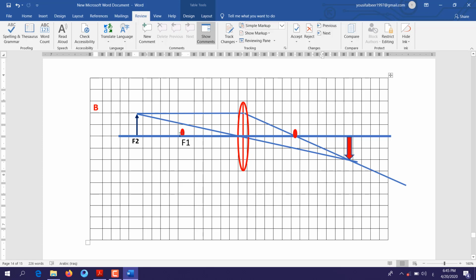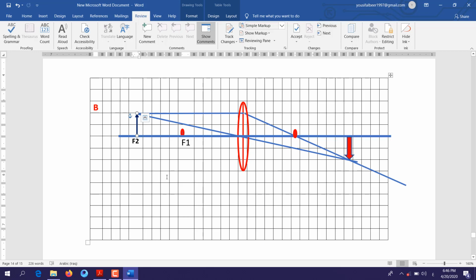Once the object is beyond the principal focus, the image will be real, and its size will also change. Here, for example, this is one. If we move here, the size of the image will be bigger. Here it will be a little bit smaller, until it reaches this point, where the size will be equal.